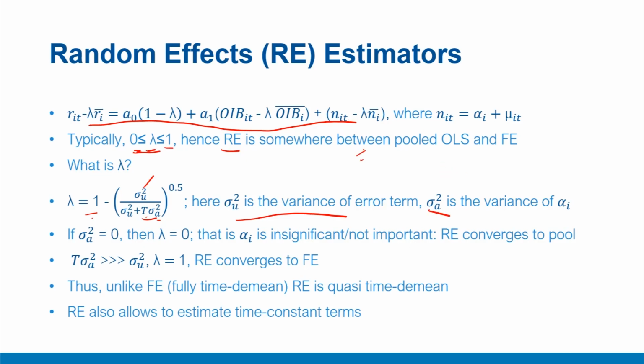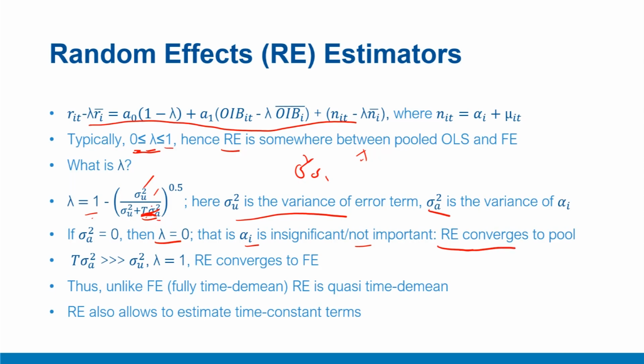Now recall, if we have reason to believe that this sigma alpha square, that is the variance of unobserved heterogeneity, is very small relative to the error term, close to 0, then we can ignore this and the resulting value of lambda is 0. So in the case where alpha i and its variance is insignificant, very small, random effects converges to the pooled model.